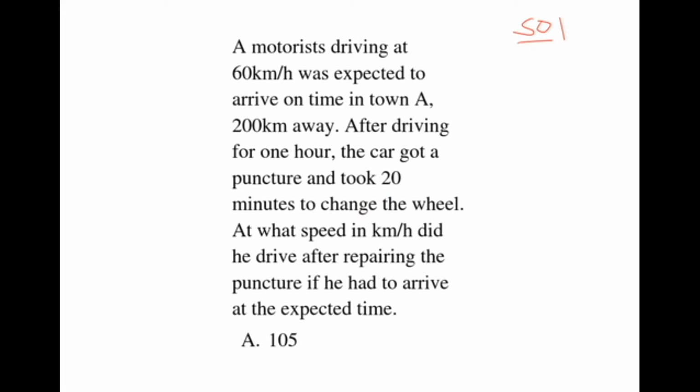Then we are supposed to get the speed in kilometers per hour which the driver drove after repairing the puncture. We proceed as follows. First, let us look at how much time it was supposed to take to cover these 200 kilometers with this speed of 60 kilometers per hour. Therefore, we shall have 200 divided by 60.